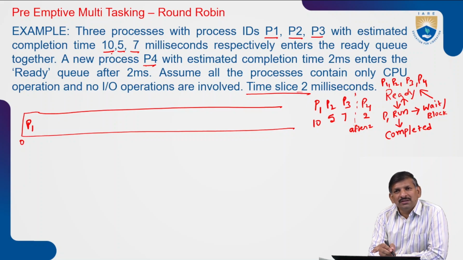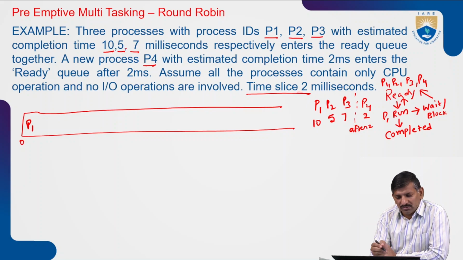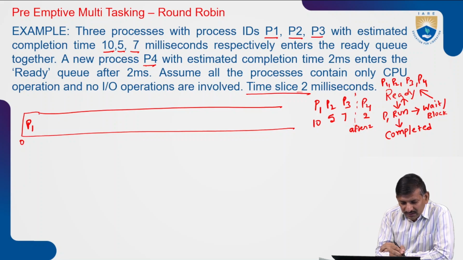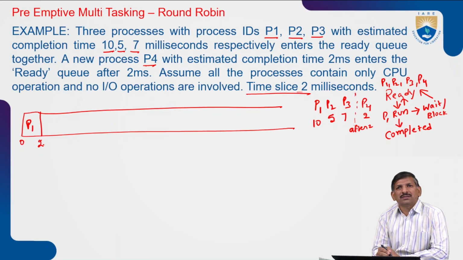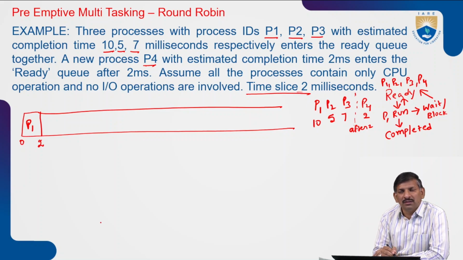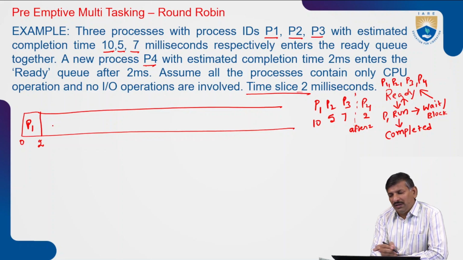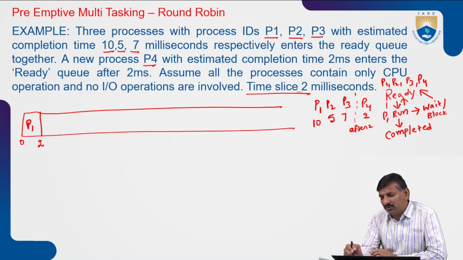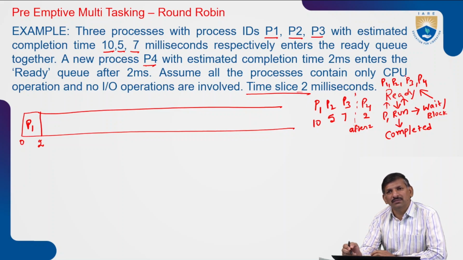Its execution time is 10 milliseconds, but the time slice is 2 milliseconds, so it is executed for 2 milliseconds. After 2 milliseconds, P1 enters the ready state again.